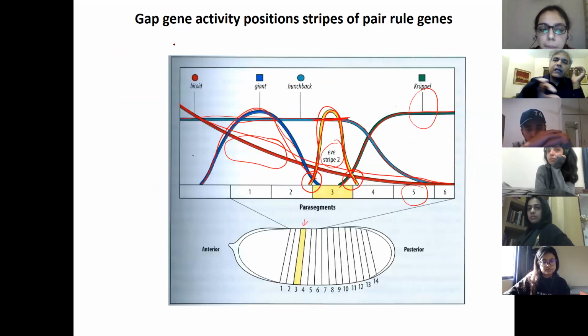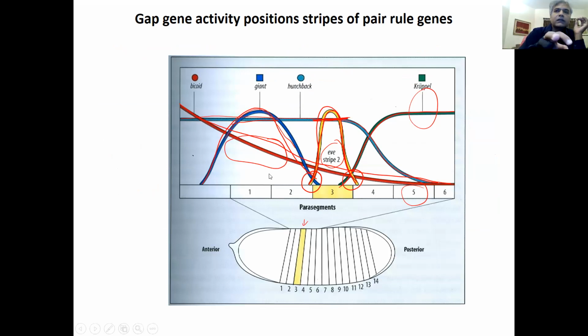So if we go there, and now even-skipped promoter, which we just saw, is present in every cell.